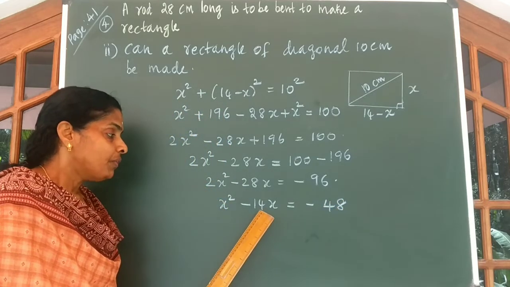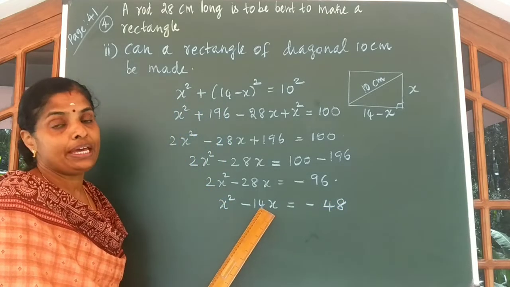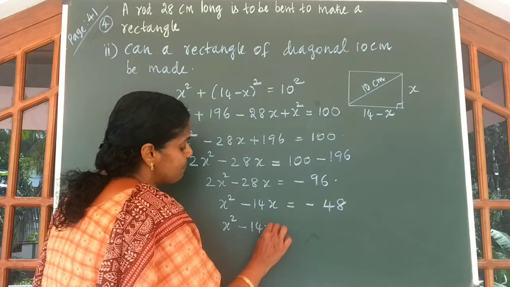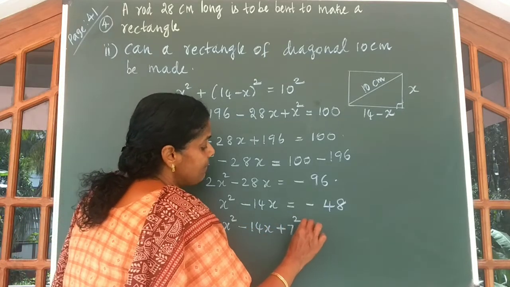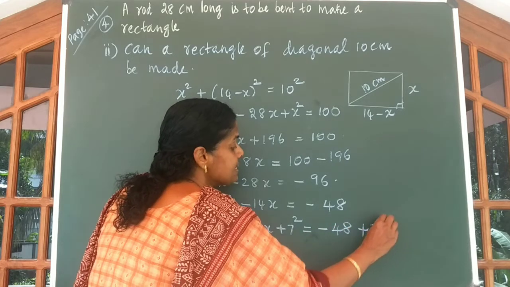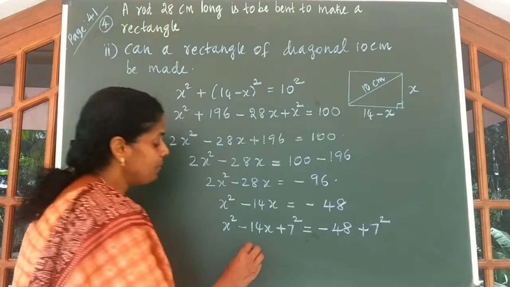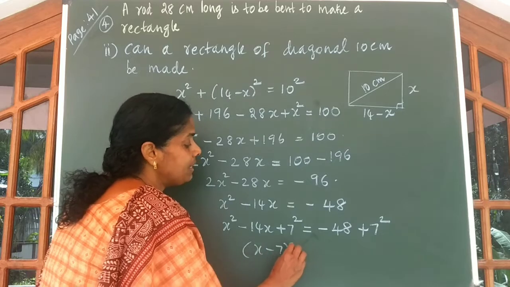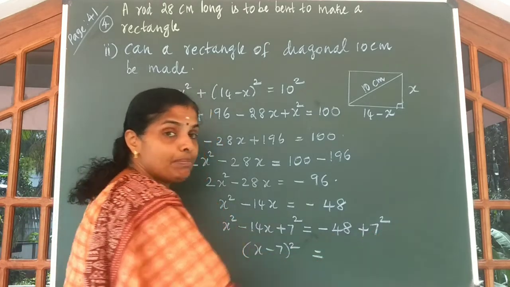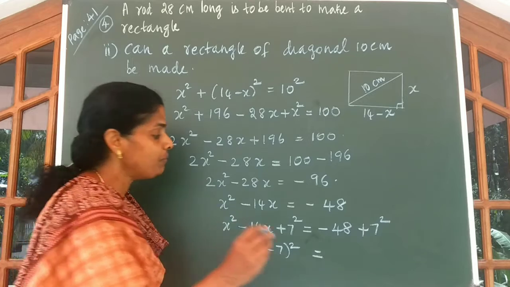Adding 14 by 2, that is 7 square, to both sides, we get x square minus 14x plus 7 square is equal to minus 48 plus 7 square, which gives you (x minus 7) the whole square is equal to minus 48 plus 49, which is equal to 1.